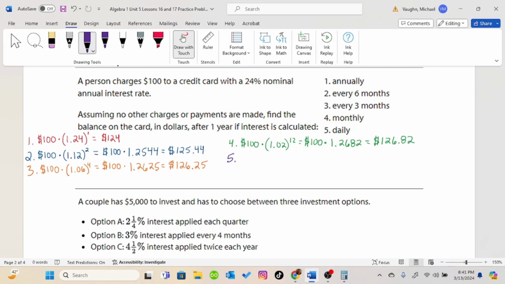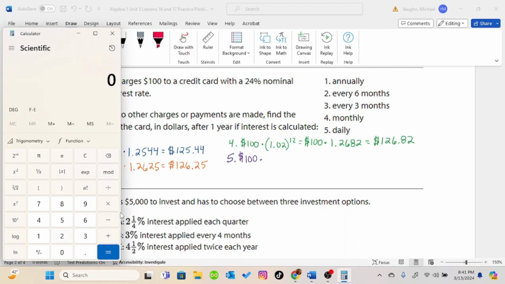Number 5. This time we're looking at what happens if we calculated it daily. So now we're going to have 24%, so 0.24 divided by 365 days.